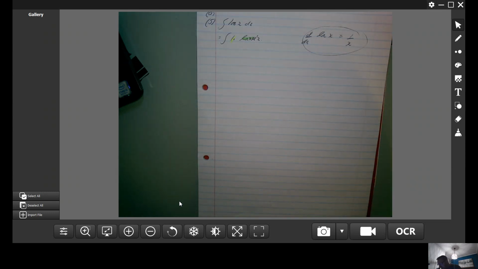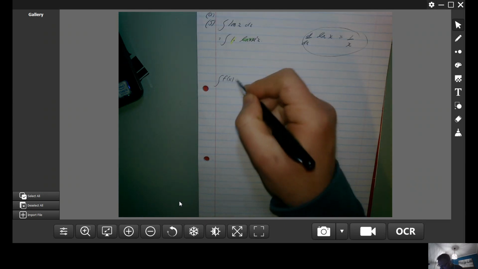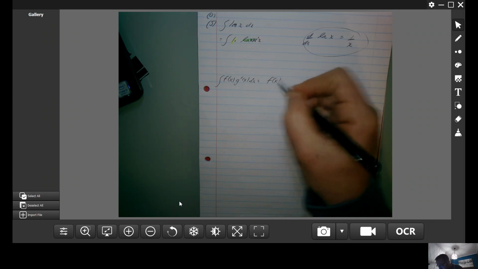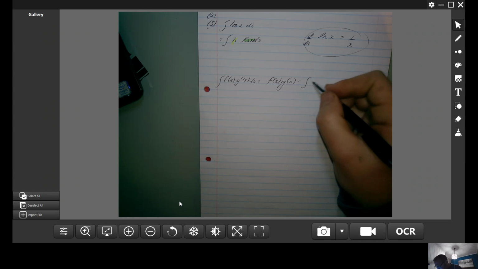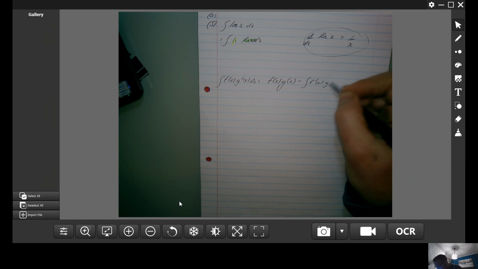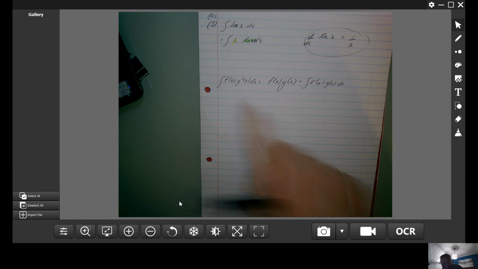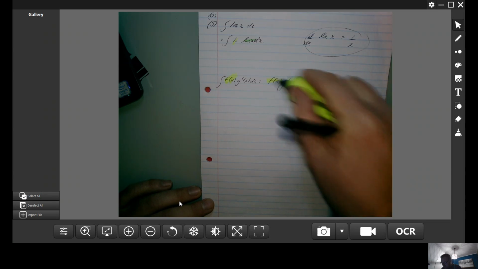So I'm going to be using this formula, the integral of f of x g dashed x with respect to x is equal to f of x g of x minus the integral of f dashed x g of x with respect to x. So I want to differentiate ln x. So I'm going to let that be equal to f of x, and then that'll be f dashed of x.